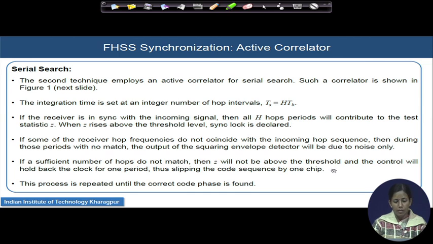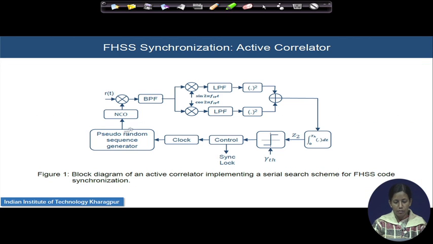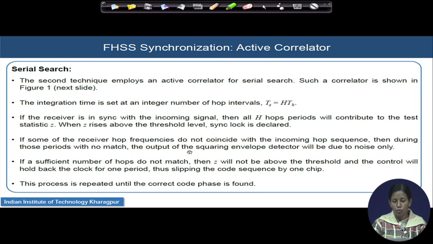After the low pass filter and the squaring, the integration time inside the whole correlation activity is already set by the hop intervals, equal to Ts, which is fundamentally h times the hop interval, and this is the total interval, or the integration time or the observation window, over which the decision will be taken and the search will be continued.